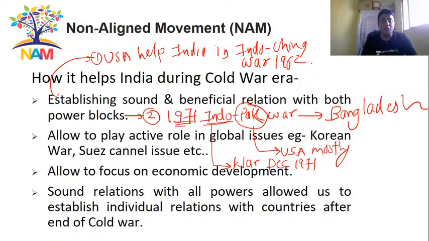When India waged a war against Pakistan, we opened the front from the eastern and western side of Pakistan, and at that time USA threatened India. They said that they are going to send the warship.